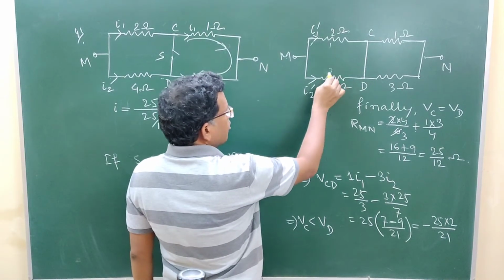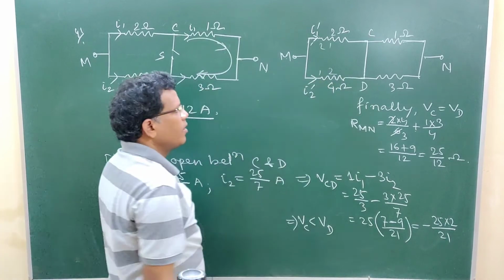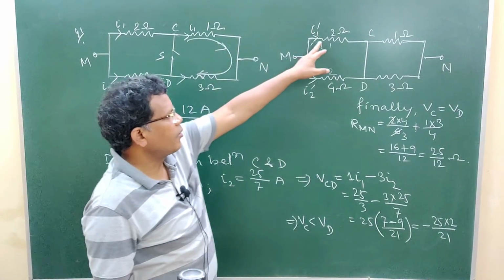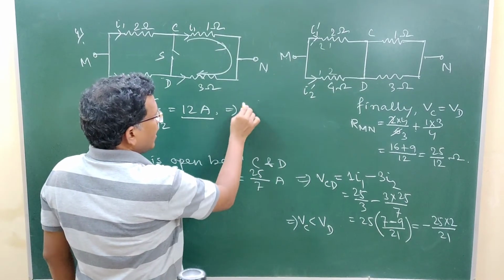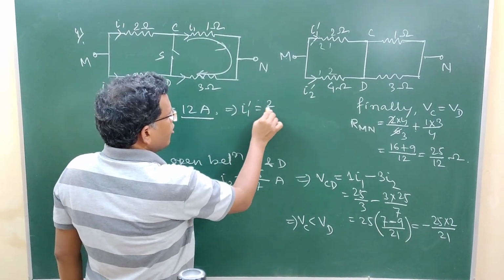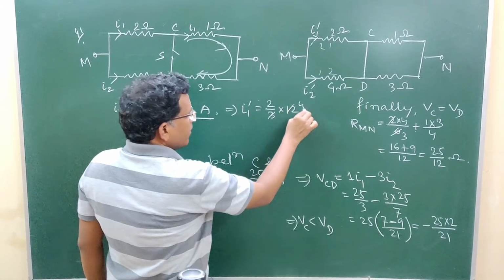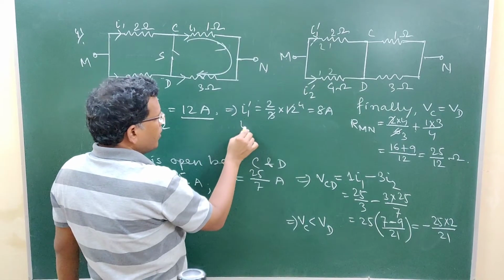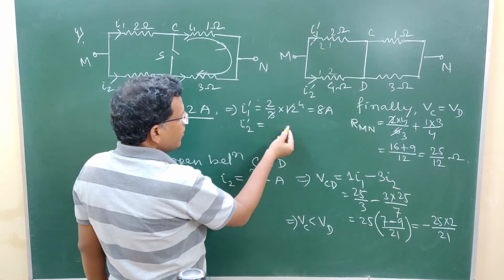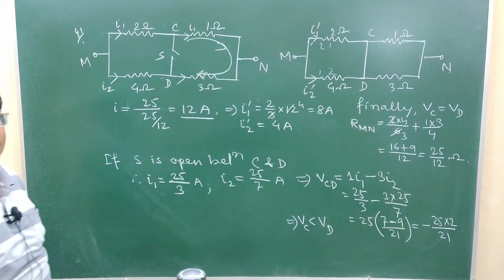So resistance ratio will be 1:2. So current will be reciprocal, it will be 2:1. So that means 2/3 current will go through this. So out of 12 ampere, I1 dash will be 2/3 of 12. That means 8 ampere current will flow through 2 ohm, and I2 dash will be obviously rest of it, that is 4 ampere.